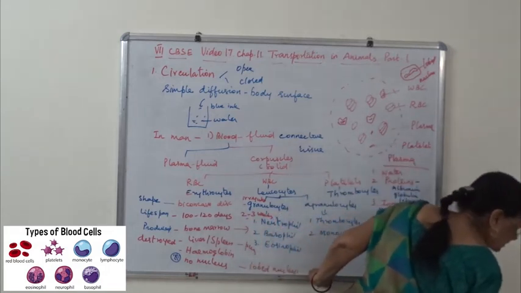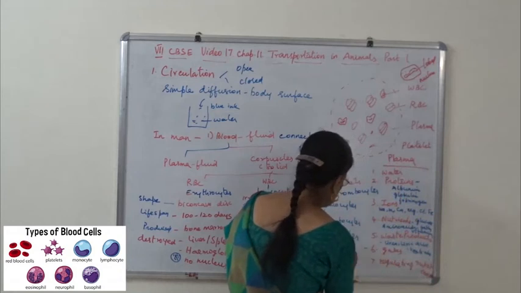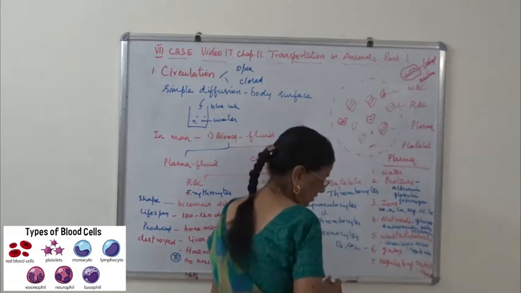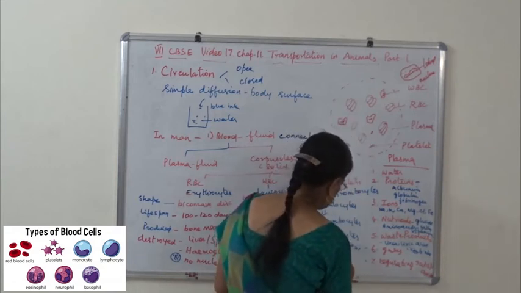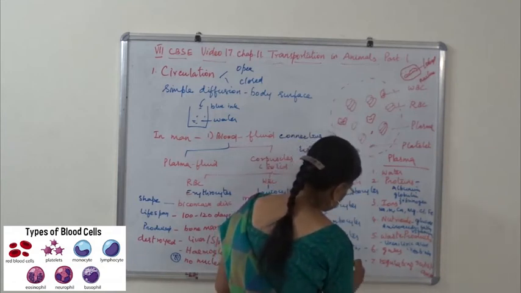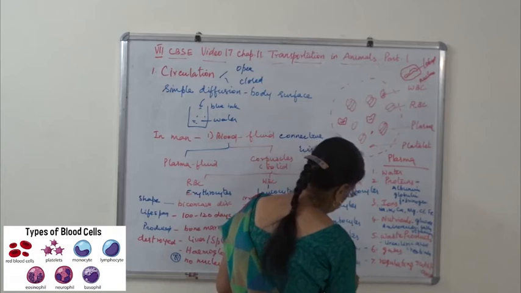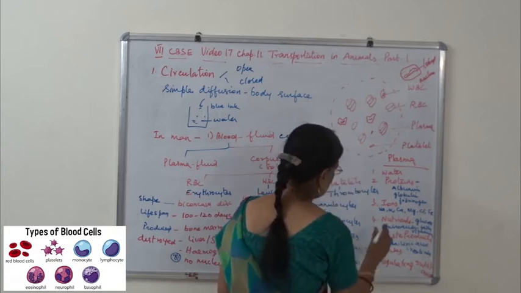Gases are oxygen, carbon dioxide. And regulating substances are enzymes and hormones. Okay.